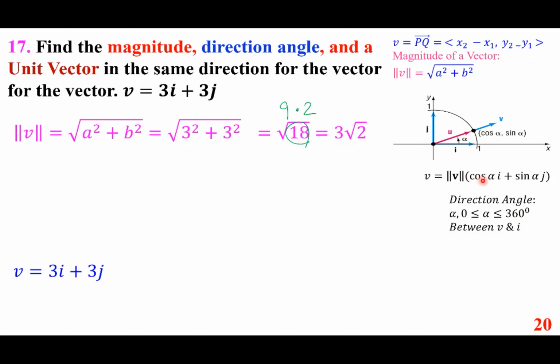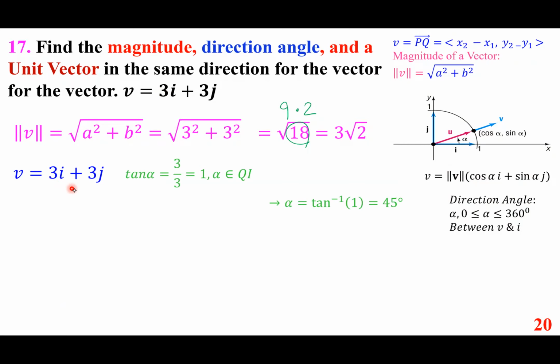So how do we find that? When v is given as 3i plus 3j, tan of alpha is y over x, the component for j over the component for i, which is 3 over 3, makes it 1. And since it's in the first quadrant, the answer is simply 45 degrees or pi over 4. This is in the first quadrant, 3, 3, somewhere here, right?